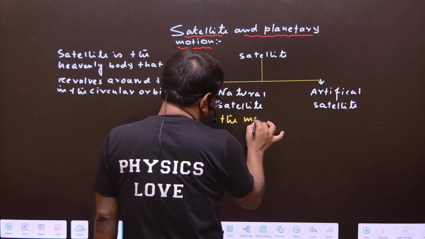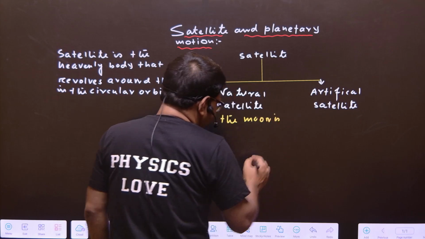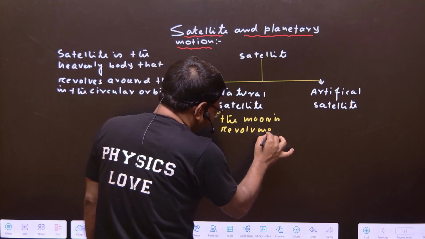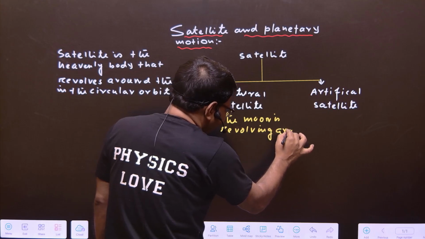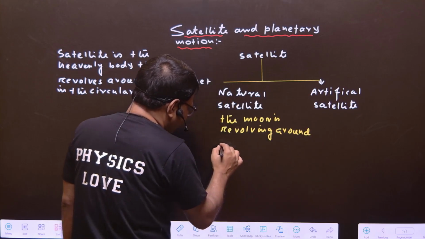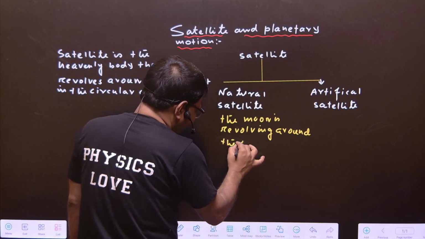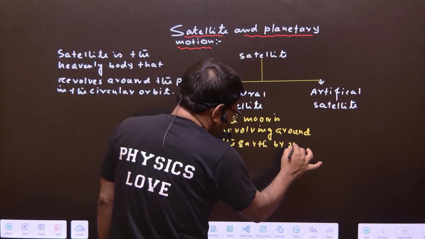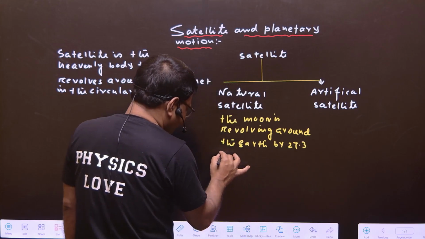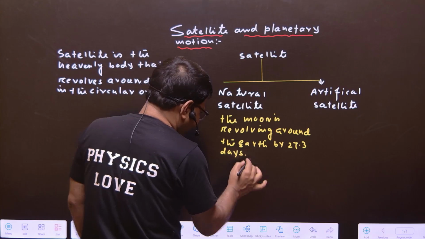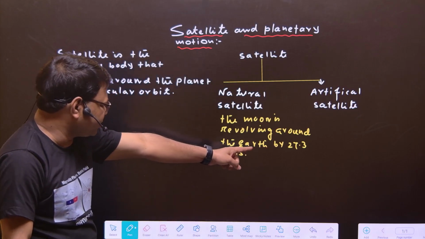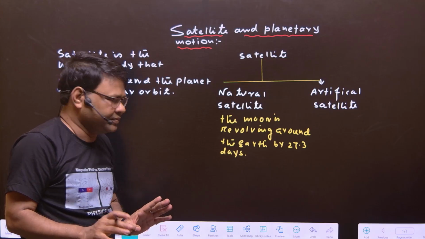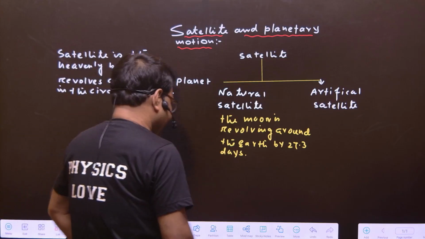The moon is revolving around the earth by 27.3 days for one revolution. What time is required for one revolution of the moon around the earth? 27.3 days. It is called the time period of the moon, right? So it is the natural satellite.